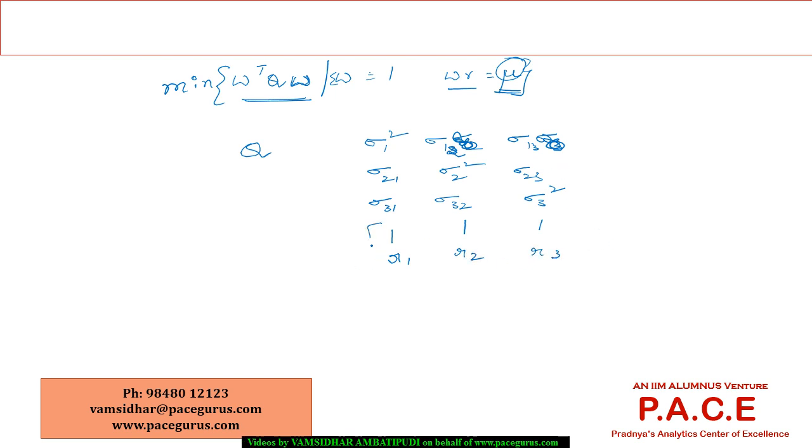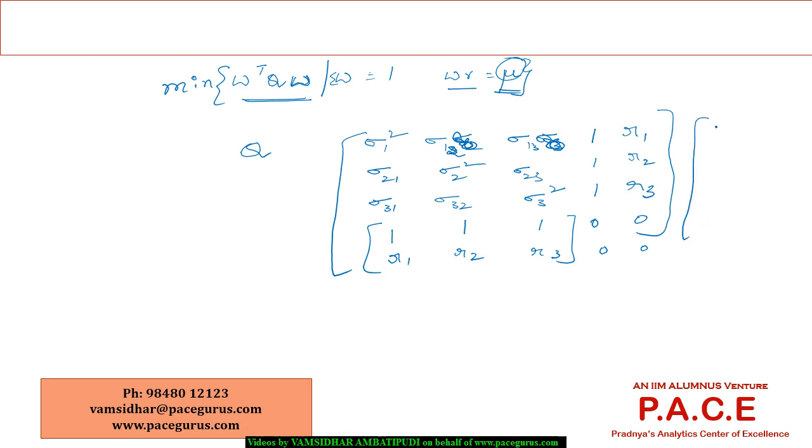Now these two things, you take the transpose here, so you'll have 1 1 1, R1, R2, R3, and here you'll have zeros. This is the typical form.